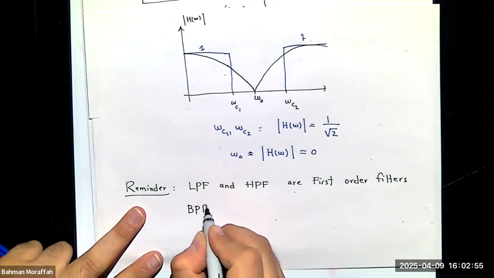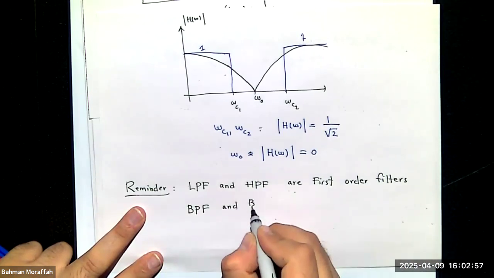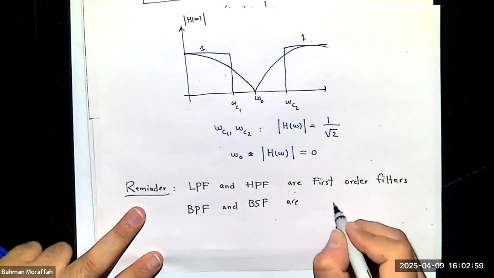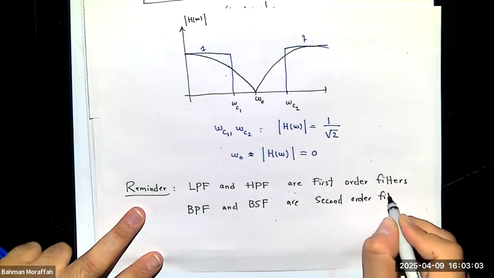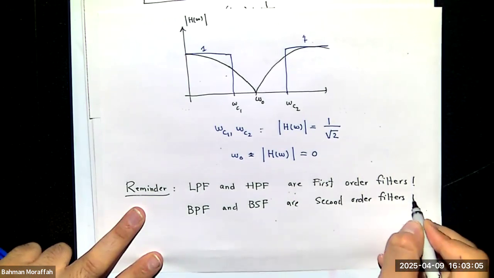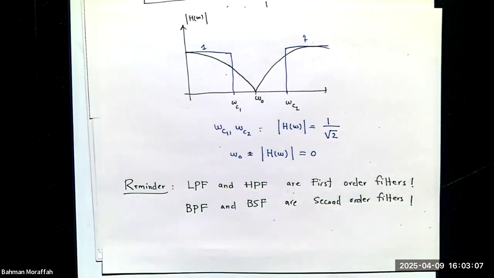Band pass filter and band stop filters are second order filters. Right? Why is it a second order filter? Because we're able to build them using a second order circuit.